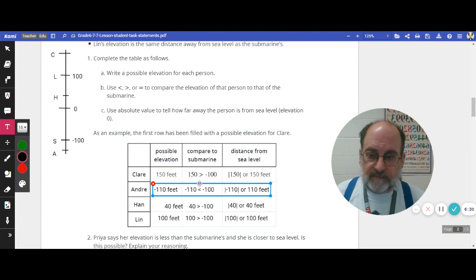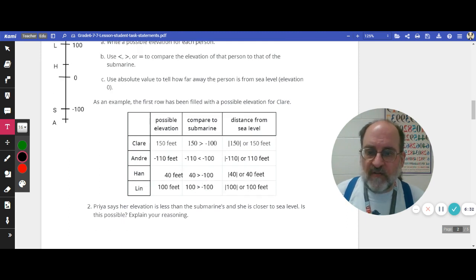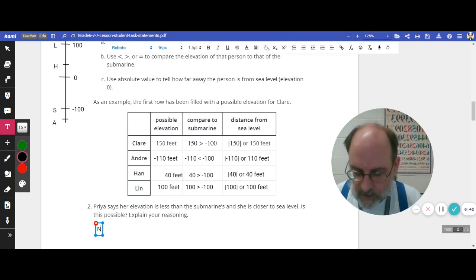Try and do that. Priya says her elevation is less than the submarine's, and she is closer to sea level. So Priya says, I'm below the submarine, but I'm closer to sea level. Is this possible?